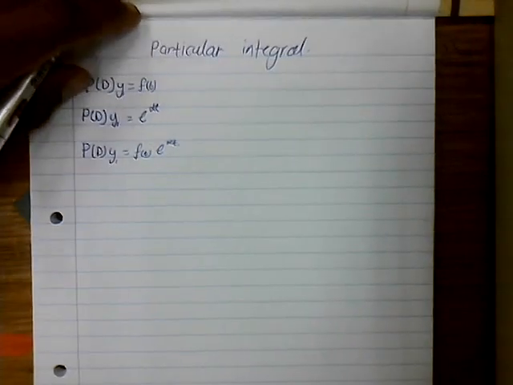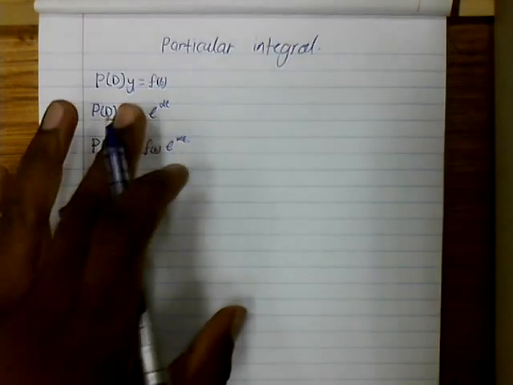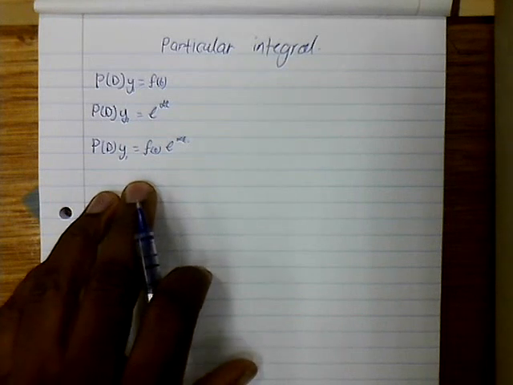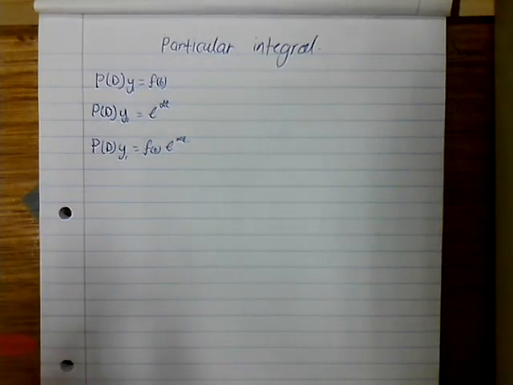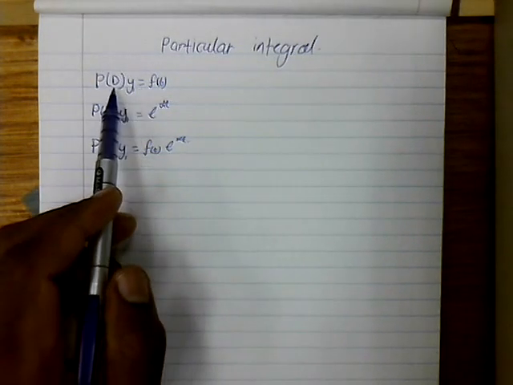But now, this video is on particular integrals. What I wrote here are the forms in which particular integrals can be given. Like we may have an operator which is in this form.